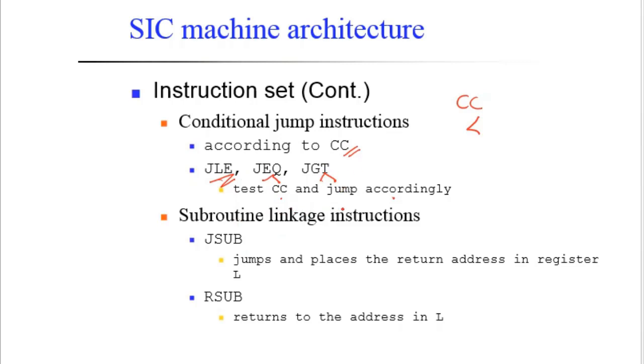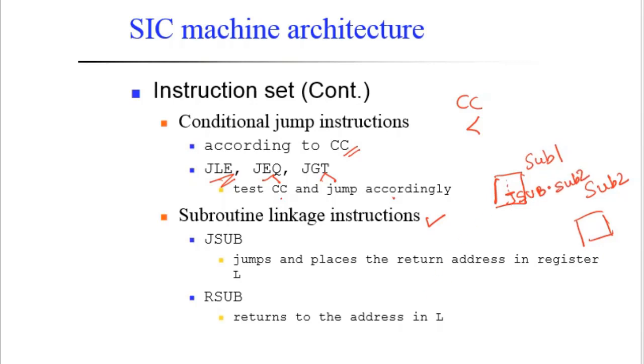And next and the last category of instructions available in SIC is subroutine linkage instruction. Already I have discussed the subroutine linkage. We have subroutines like this. This is subroutine 1. This is subroutine 2. What happens is you are executing this program. Here you will perform J SUB SUB2.